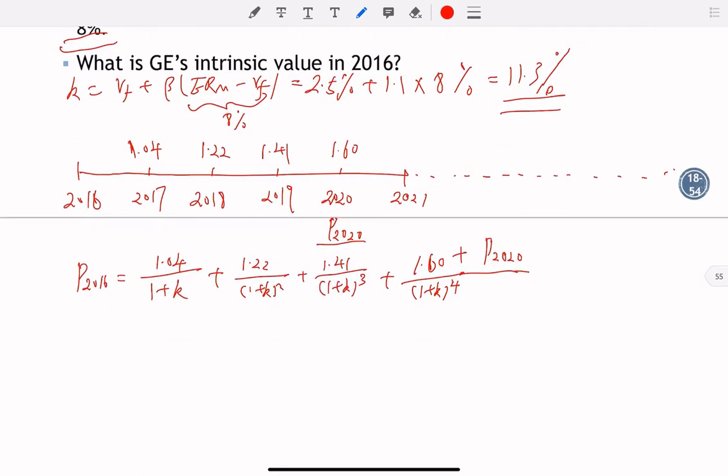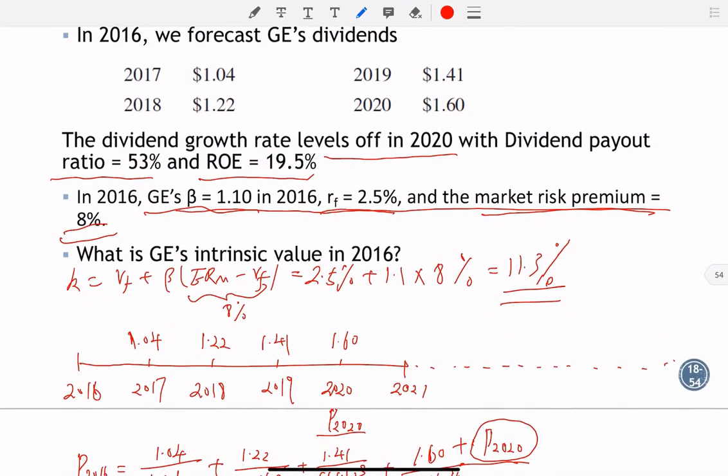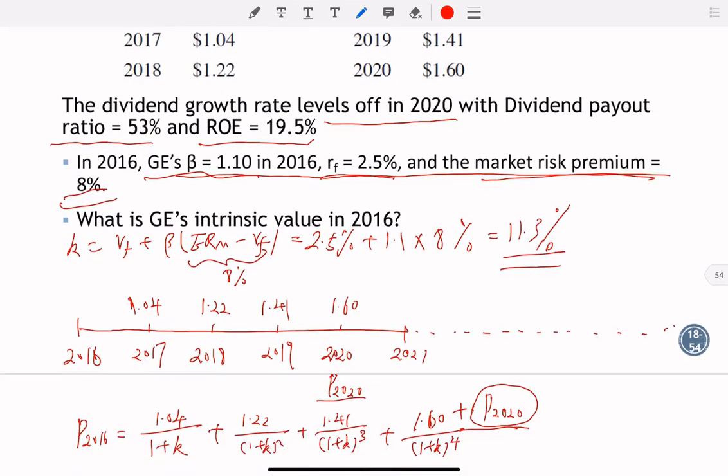Now, the question is how do we find P2020. This is actually pretty easy, because we know that the growth rate would level off in 2020. This means to calculate P2020, we could use the constant growth dividend model.